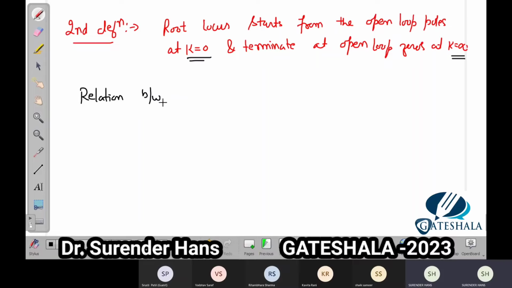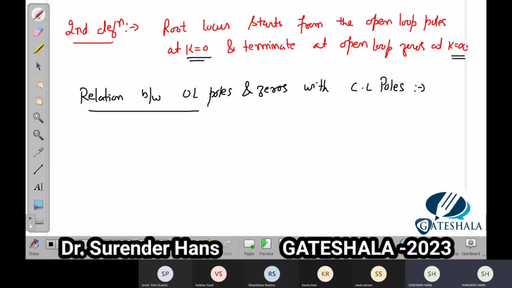Now we have the relation between these open loop poles and zeros with closed loop poles. Now I am going to find the relation between the open loop poles and zeros with closed loop poles.